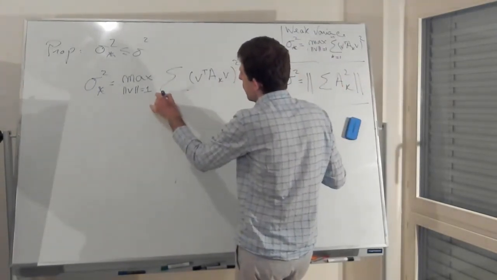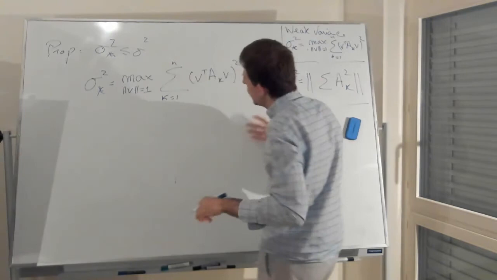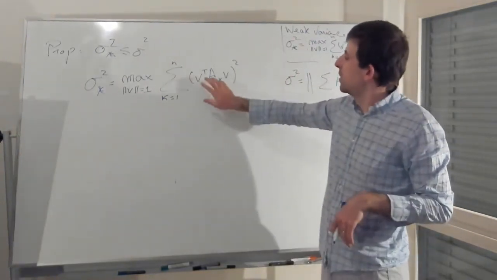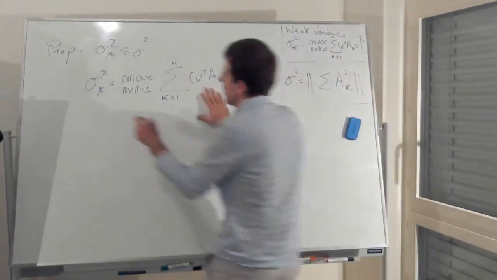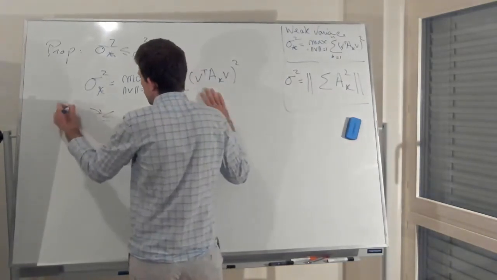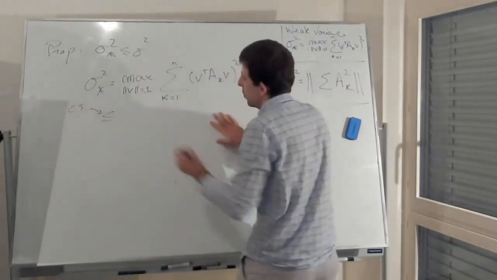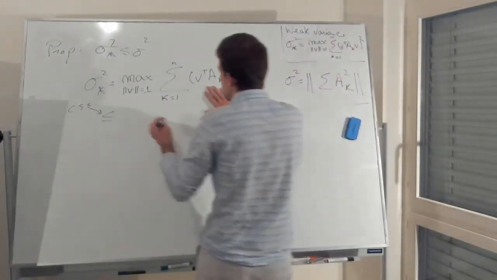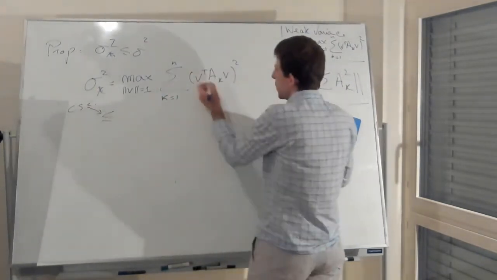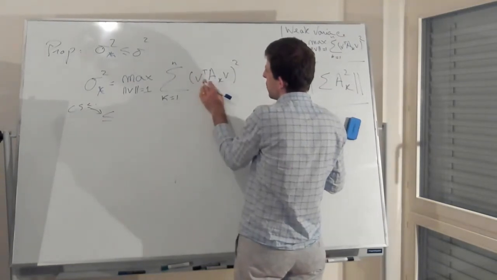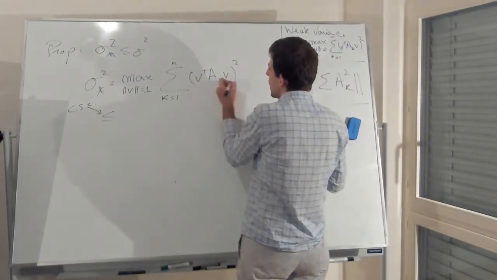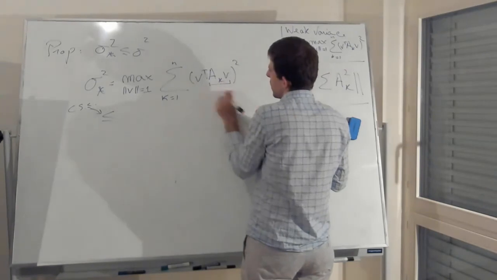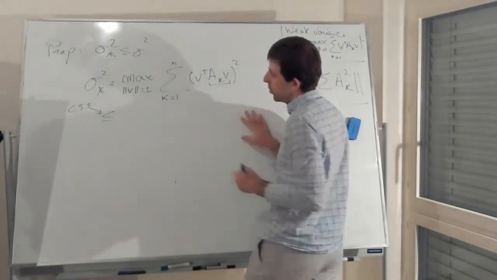And now the trick is just to do Cauchy-Schwarz inside the square. Because we can think of this as the inner product between v and A_k, so we can think of this as a vector and this as another vector and do Cauchy-Schwarz there.